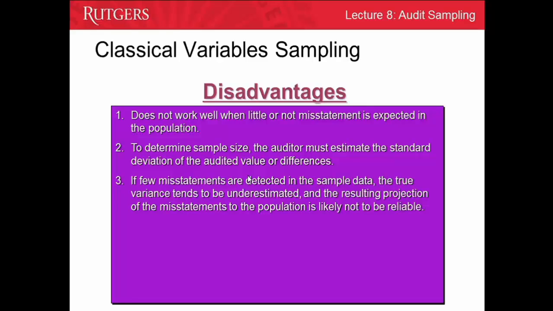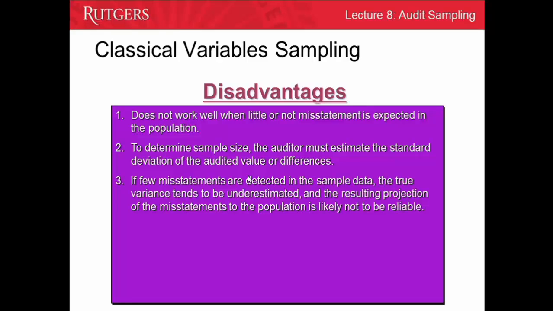Second, in order to determine the sample size, the auditor must estimate the standard deviation of the audit differences. Since this value is unknown, auditors often use a surrogate such as the standard deviation of the recorded values in the population.